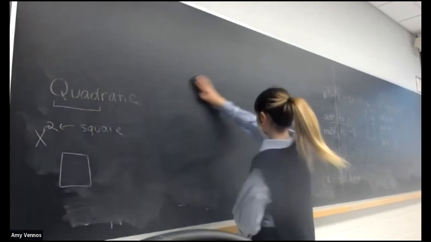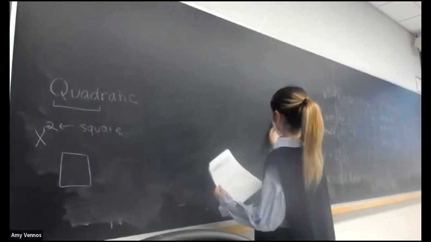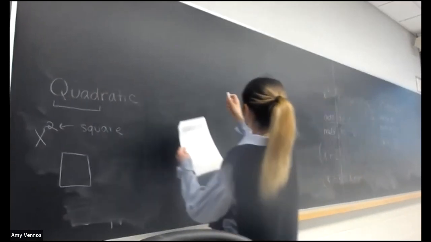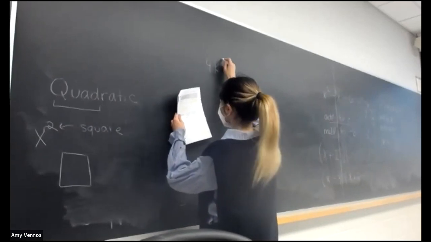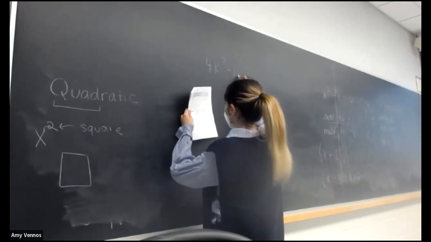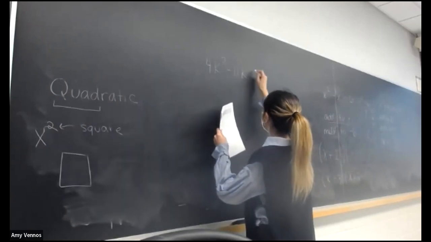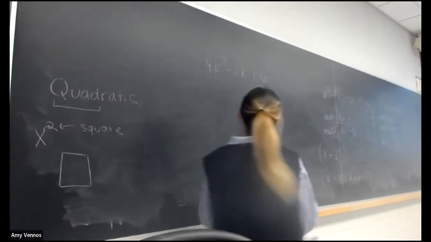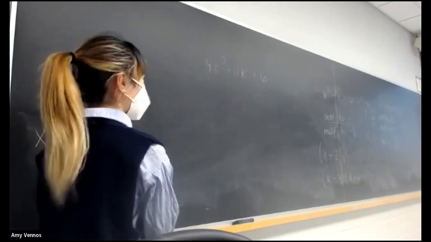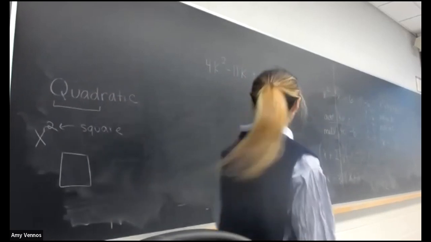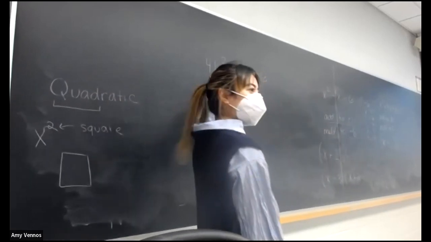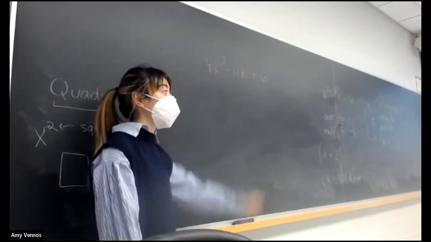Okay, so if we go down to tool number 6, factoring funky quadratics, we have an example. 4k squared minus 11k plus 6. This one's a little different, right? Because instead of x squared plus bx plus c, we have something in front of our highest power, right?